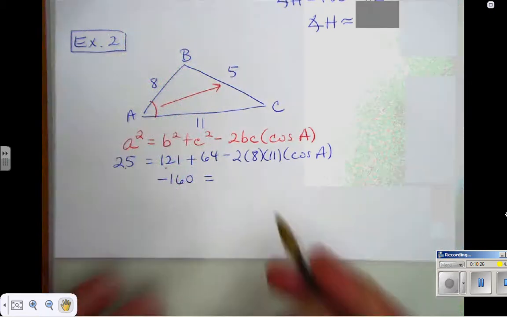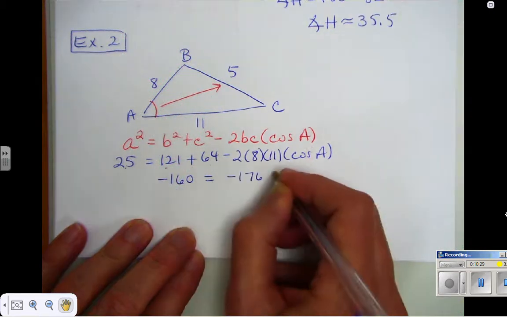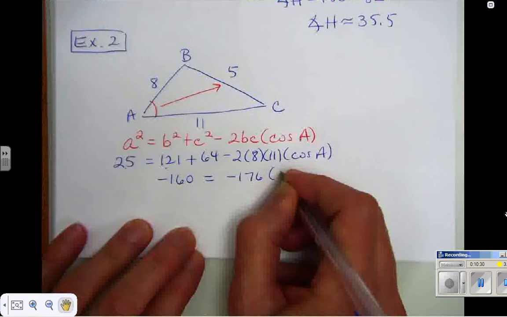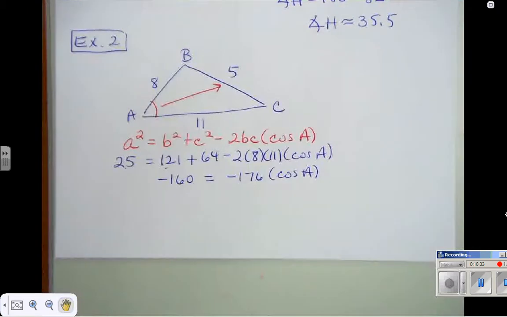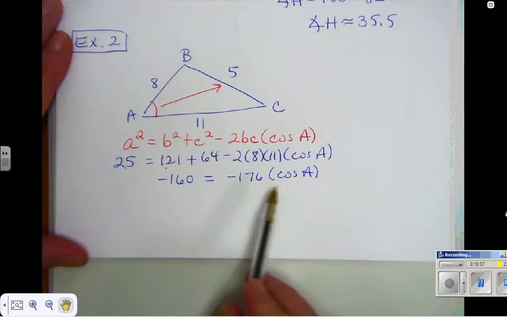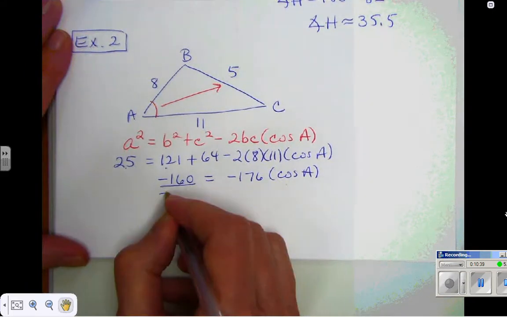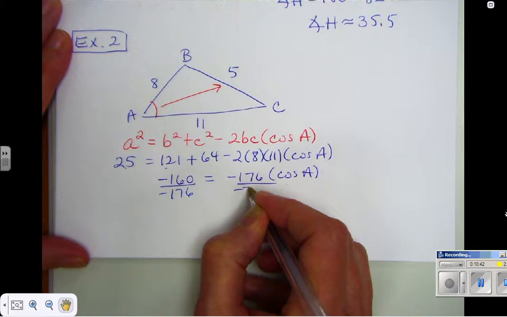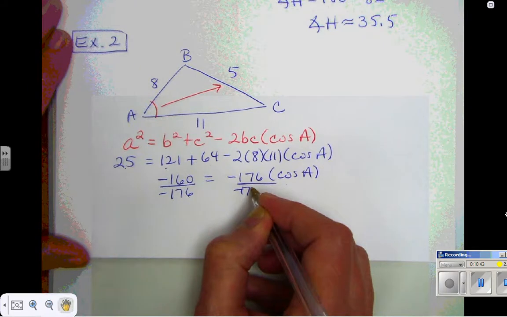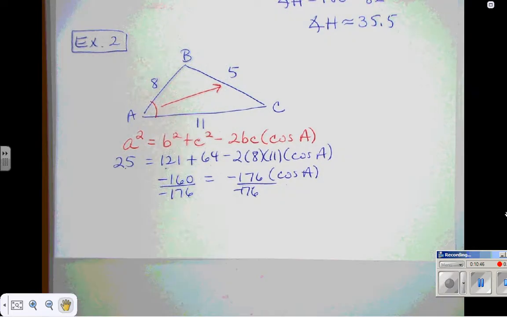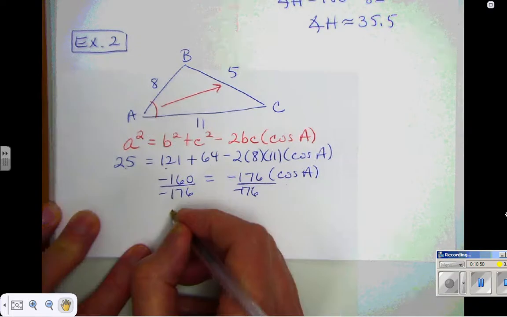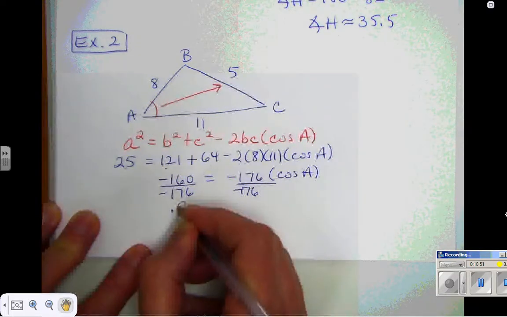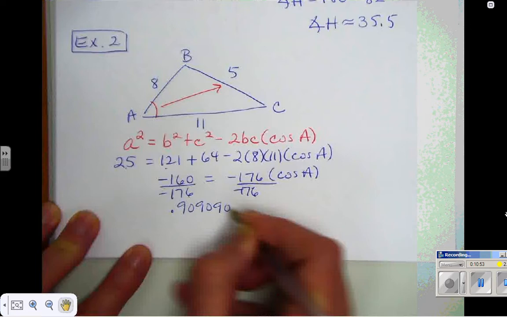And for that, I'm getting negative 176. Okay, so I want to find the cosine of A, which I'm going to divide by that negative 176 on both sides. And I'm getting that it's about 0.9090, and it's kind of repeating, goes on.